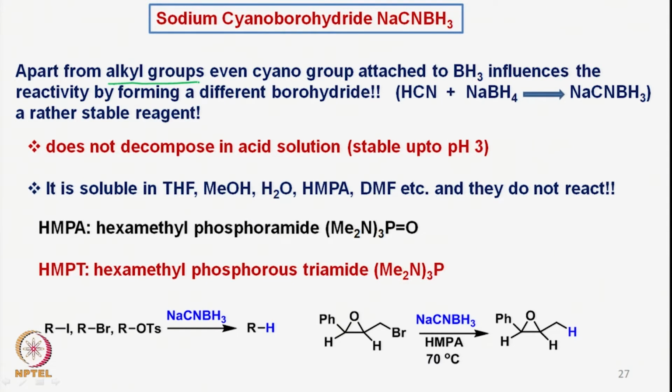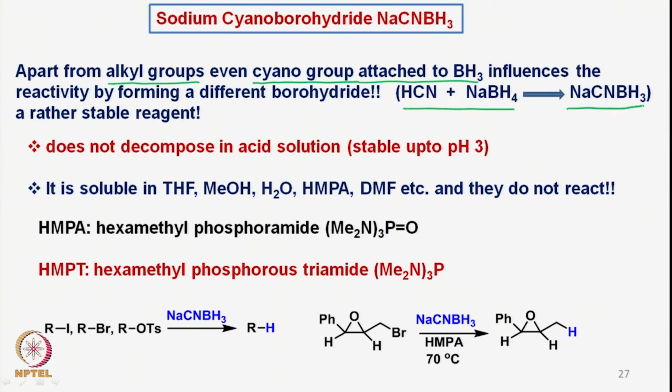But not only alkyl groups can be put as substituents, even an electron withdrawing group such as a cyano group can be introduced and attached to the boron part of the sodium borohydride, which is easily made by reacting sodium borohydride with hydrogen cyanide, and that leads to sodium cyanoborohydride.